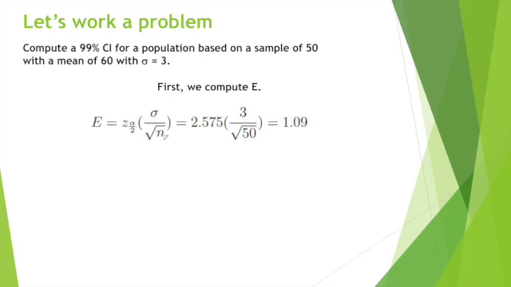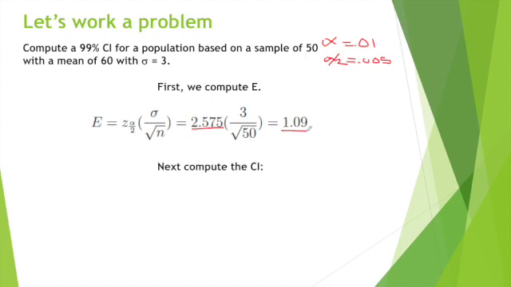I know that the critical value for z sub alpha/2, in this case our alpha was 0.01, so alpha divided by 2 was 0.005. And when we looked that up in the z table, we found a z-score of 2.575. Our standard deviation is 3, and our sample size was 50. So I found my error to be 1.09.